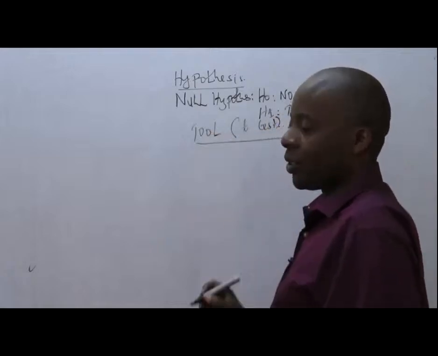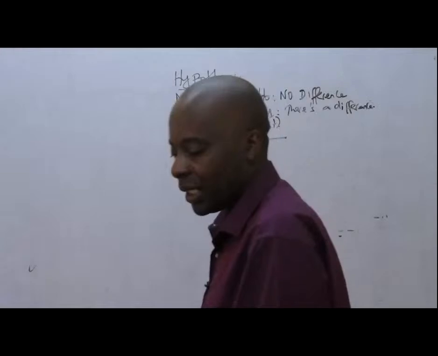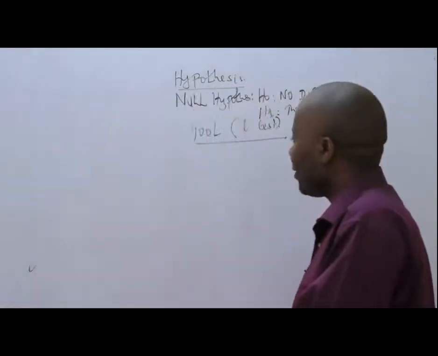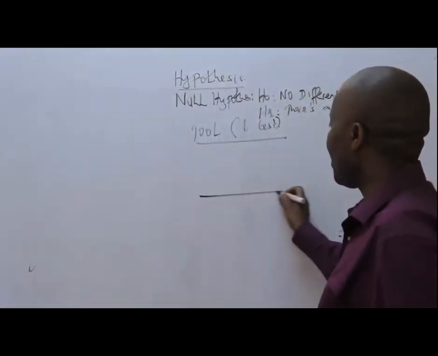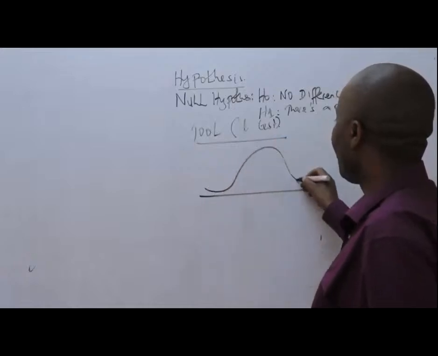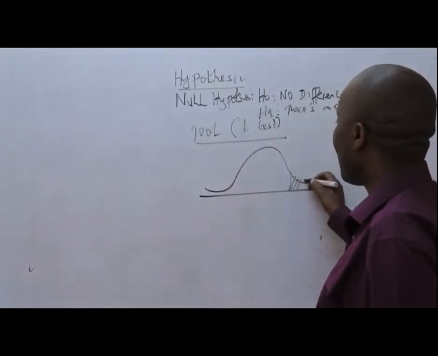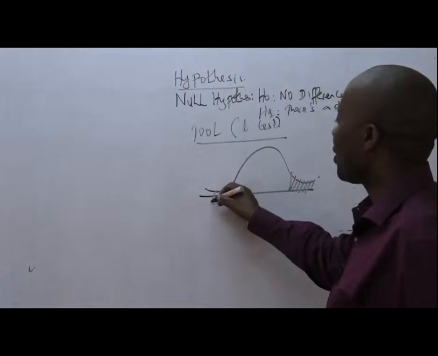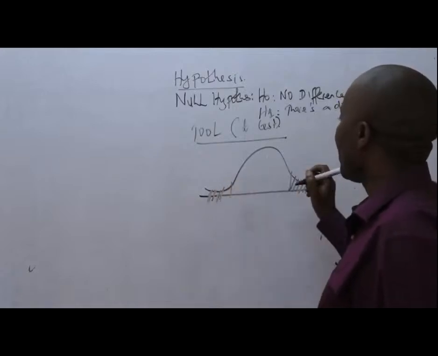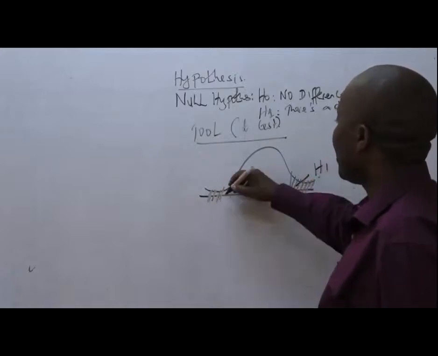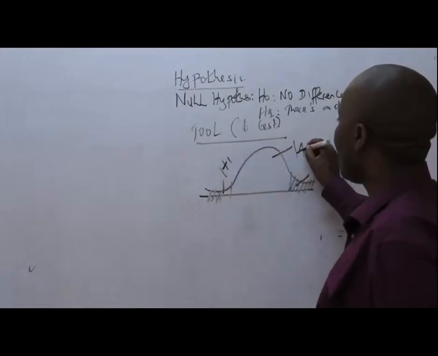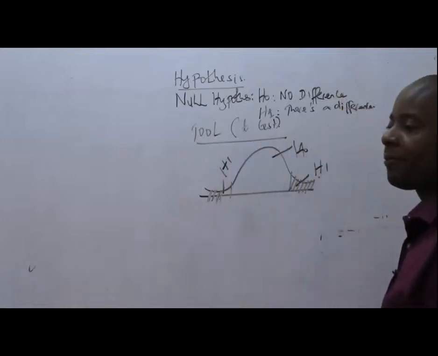I'll just come and draw my diagram here. All paired t-tests are 2 tails, right? So I know this shaded is H1, and this will be H0.